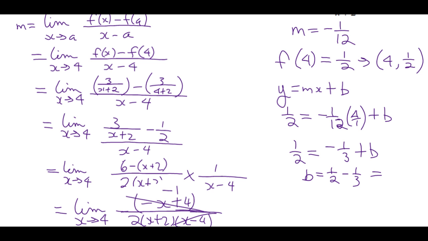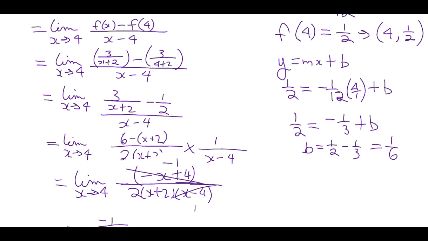A sixth. Would it be plus because it's... What's a half plus a third? 5/6. 5/6. Good. You're keeping up your end of the bargain. It's as if I was doing this on purpose.